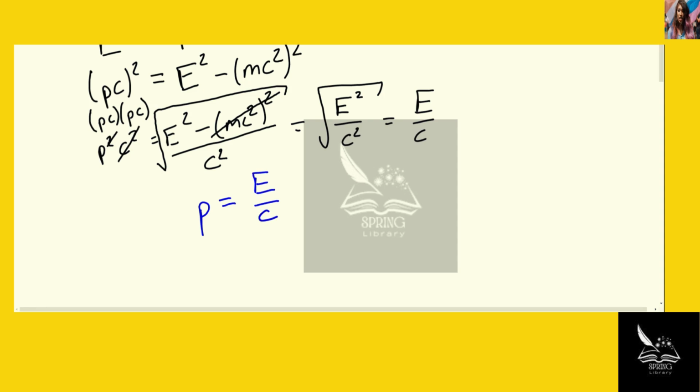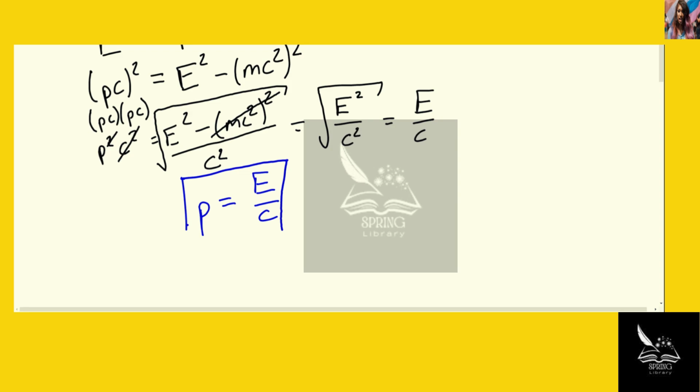So we're just going to cancel that out, and we're left with square root E squared over C squared. And this simplifies to just E over C. So here is our final equation for momentum. Let's put that in blue and put a box around it.